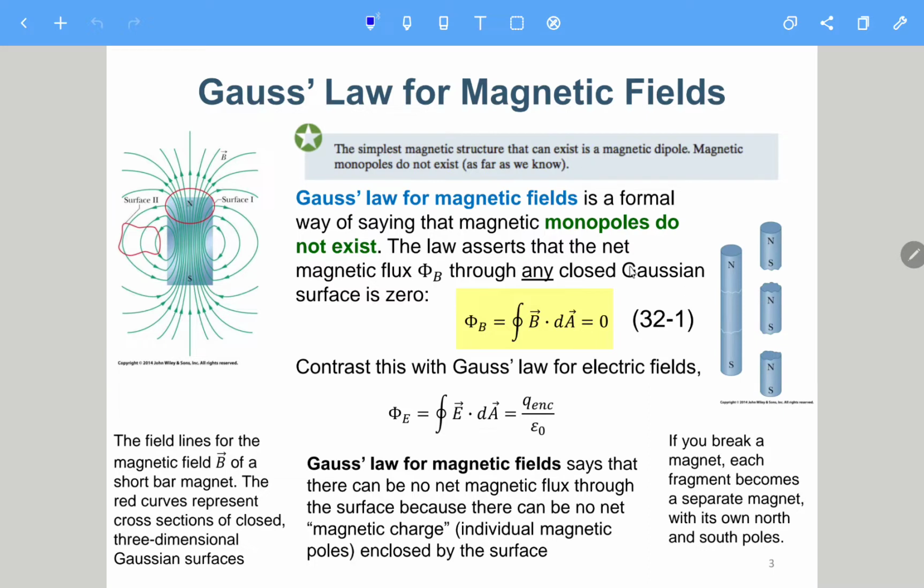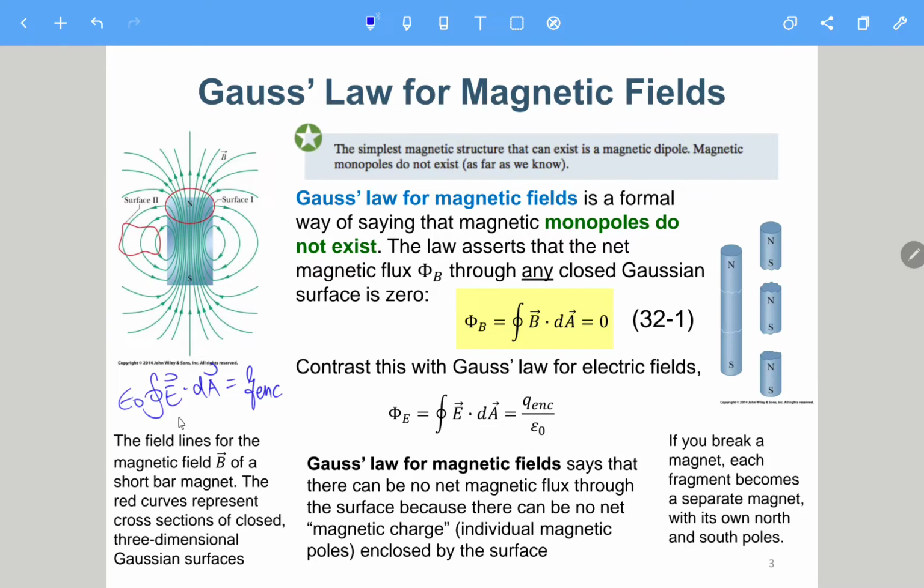So the law asserts that the net magnetic flux phi B through any closed Gaussian surface is 0. Similar to what we learned in chapter 23, we have phi E as the closed surface integral of E dot dA, something like that. So we have epsilon naught times the integral of E dot dA equals Q enclosed, if you don't really remember.